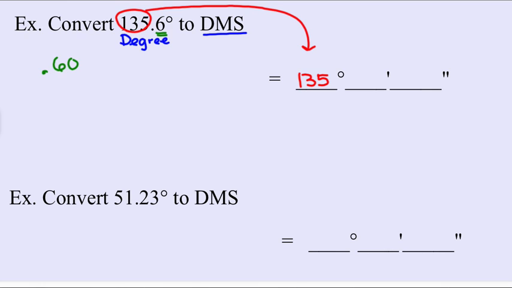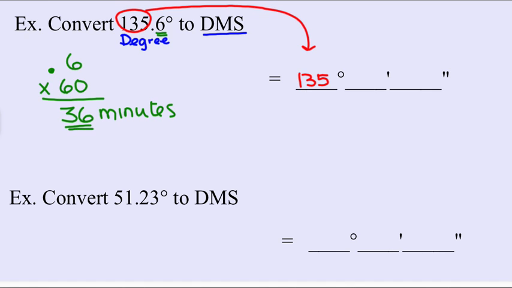So you multiply 0.6 times 60. 0.6 times 60, and what we get is 36. So this is saying it's 36 minutes. So that's going to go right over to here.